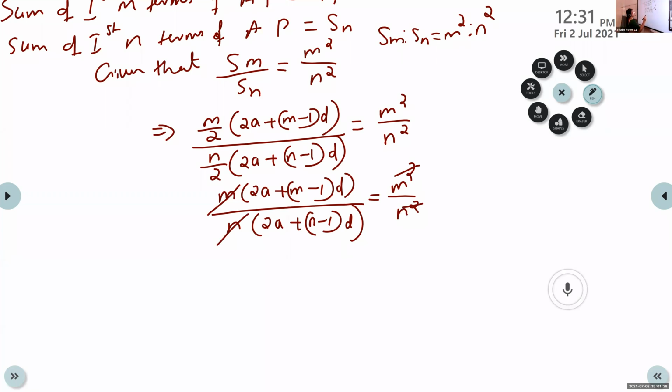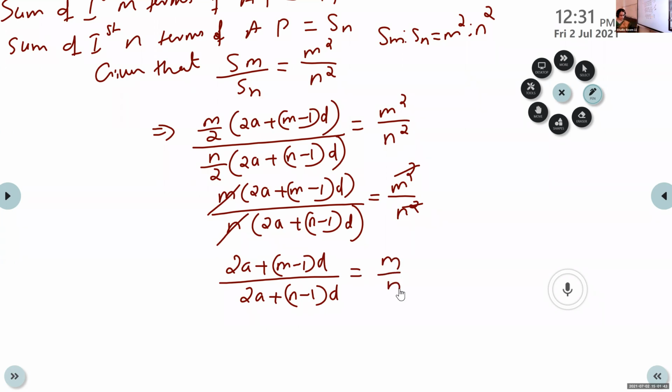So it is 2a plus m minus 1 into d by 2a plus n minus 1 into d equal to m by n.